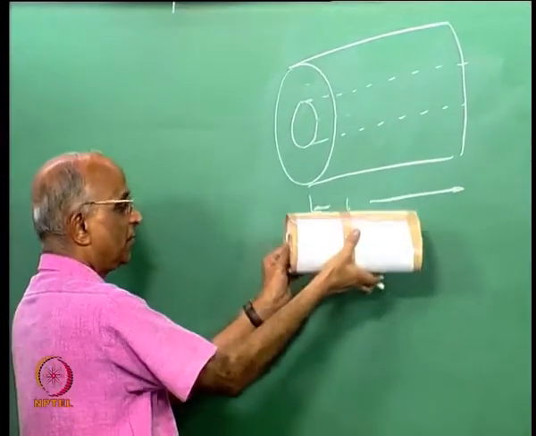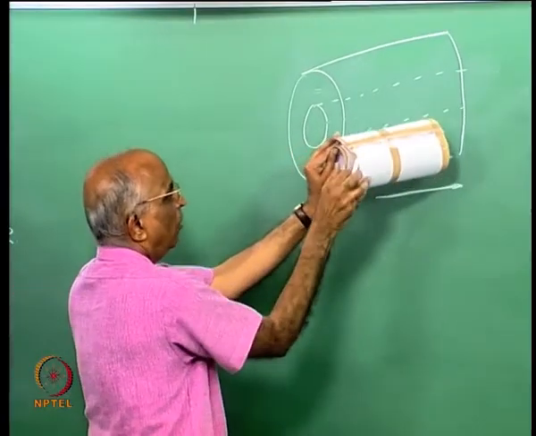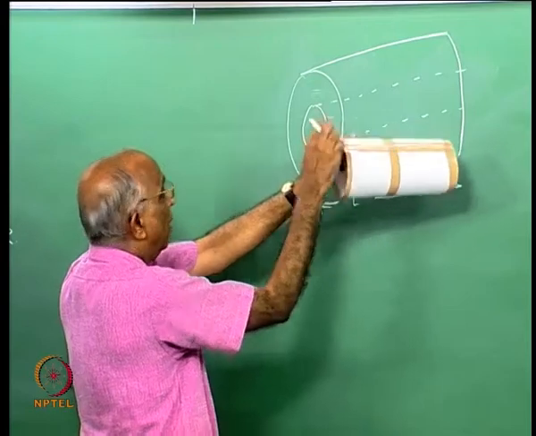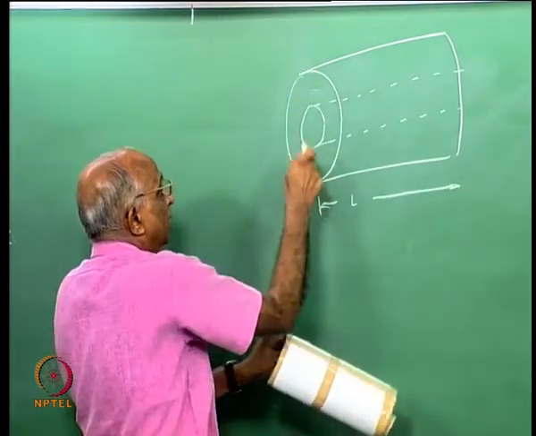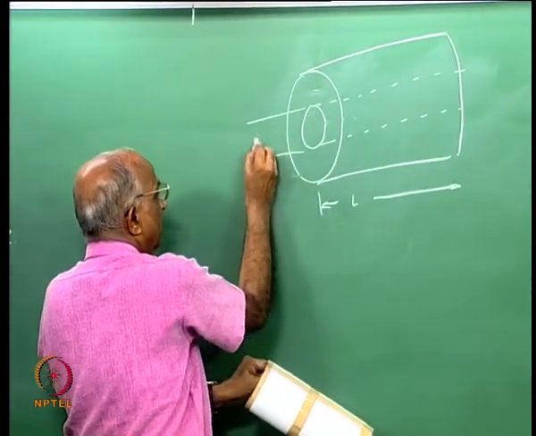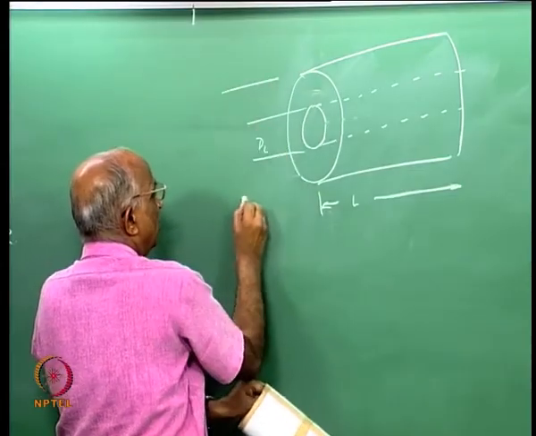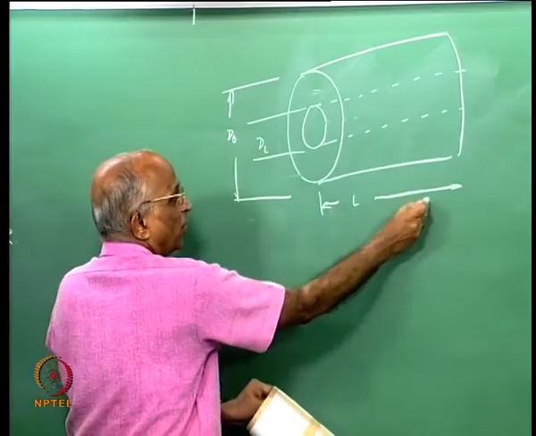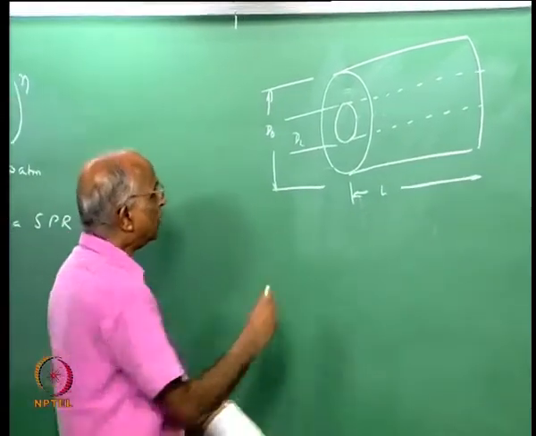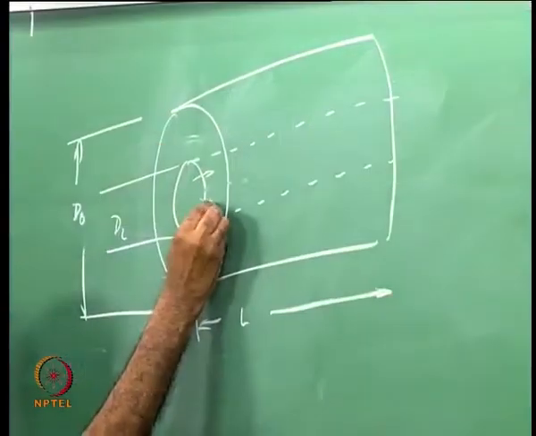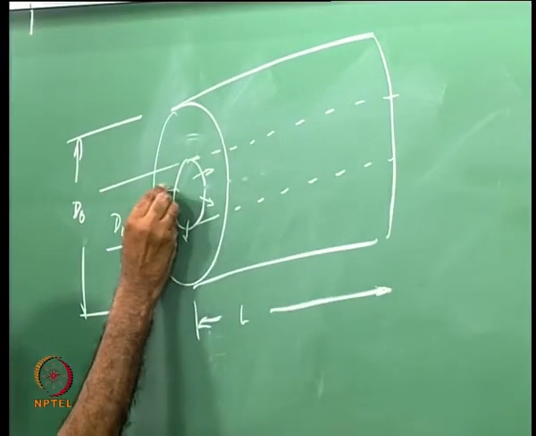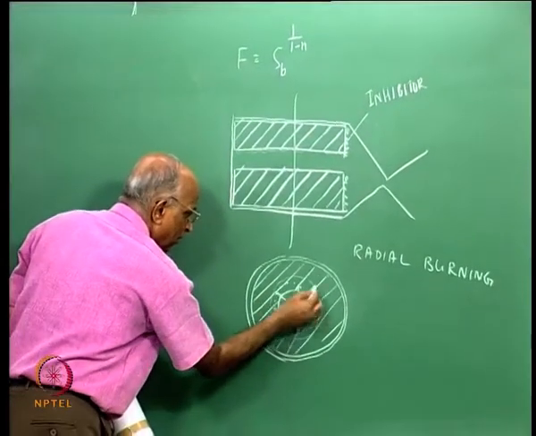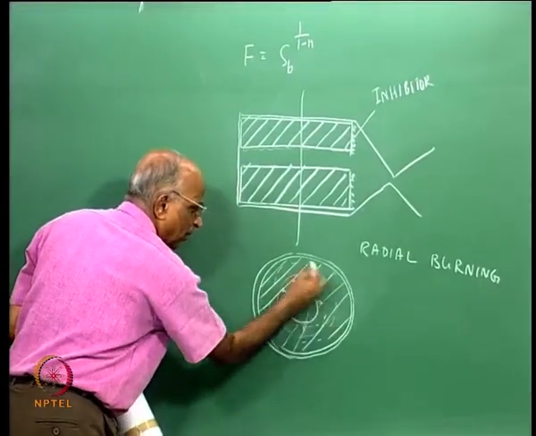All what I am telling is the annulus between the inner and the outer is what is getting burnt. This has inner diameter di, outer diameter do, and the length of the propellant grain is L. Now, how does the burning take place? It takes place like this, normal. In other words, burning proceeds and then I have burning over here.